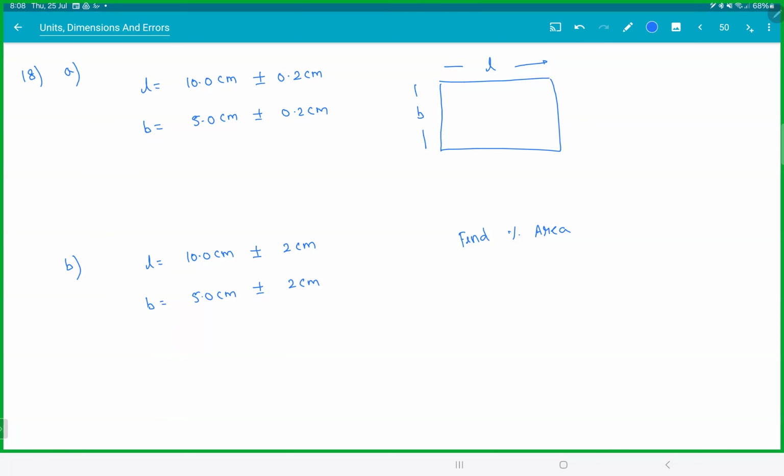Hmm. 0.8. First one is easy. See the first one.